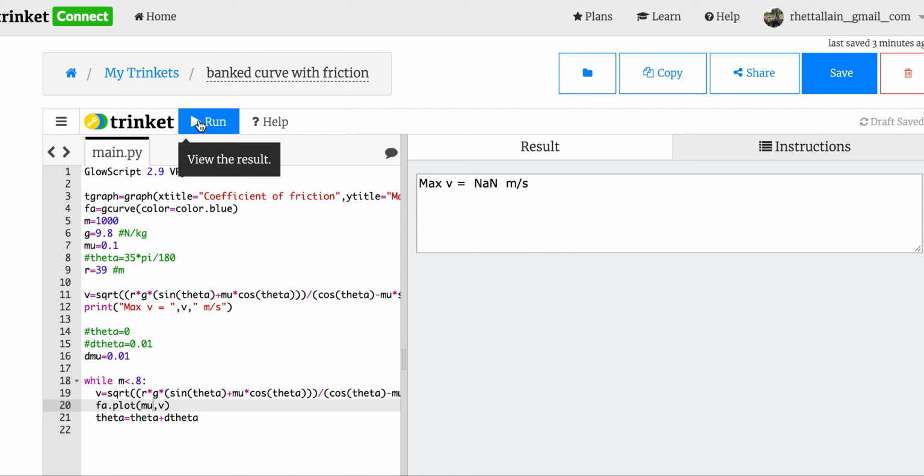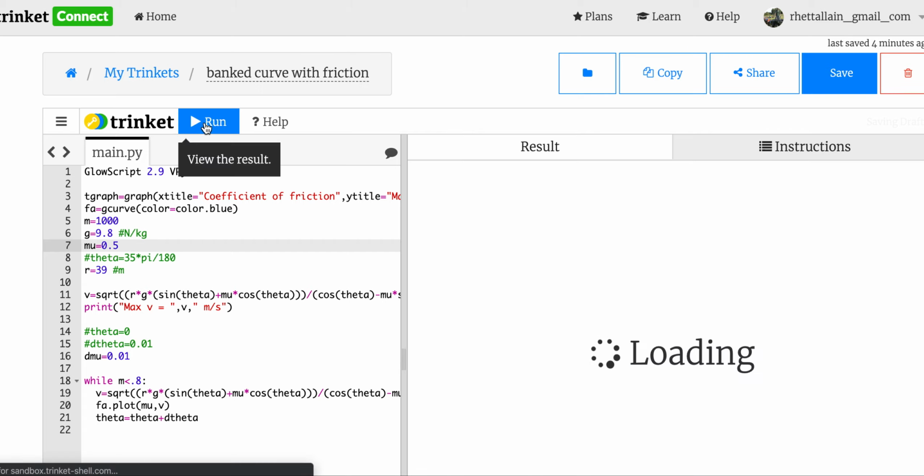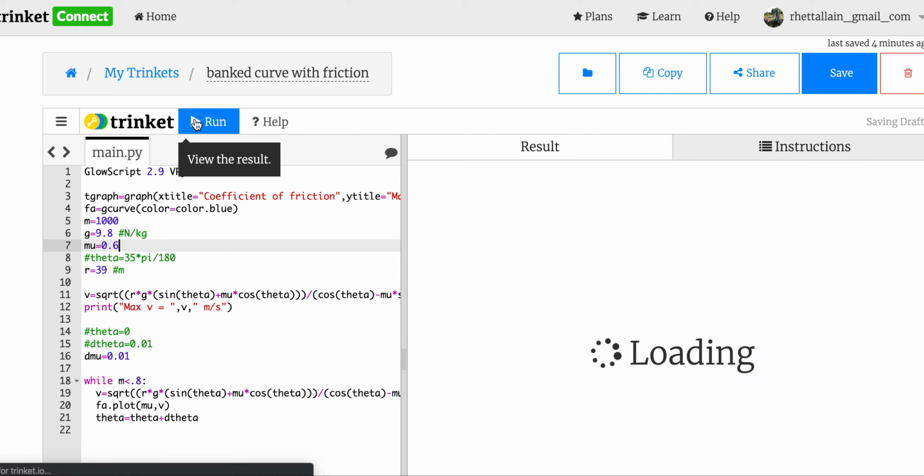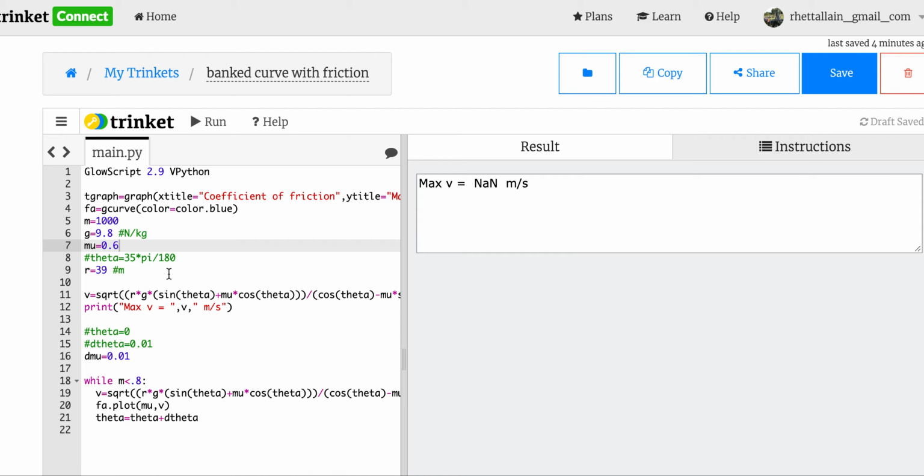And I broke it. Oh, 0.1. Right here, it can't calculate mu. Oh, I think my mu is too small. What did I do, people? I had it at 0.5 before, right? What did I do wrong?